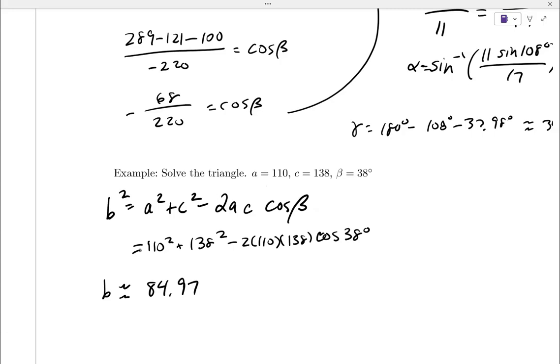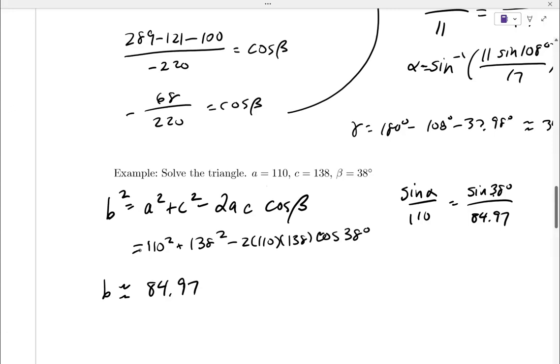So let's do alpha first versus beta. Okay. All right, so sine of alpha over 110 will be sine of beta, which is 38 over 84.97. Same idea again. That value is a calculated value, so keep those digits in your calculator.